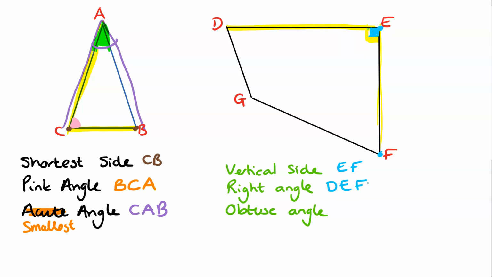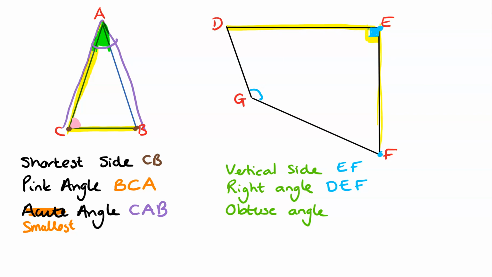Now the obtuse angle. Where on here is the obtuse angle? It's the one that is more than 90 degrees. It's the one that's a bit of a fat angle. It's this one here.